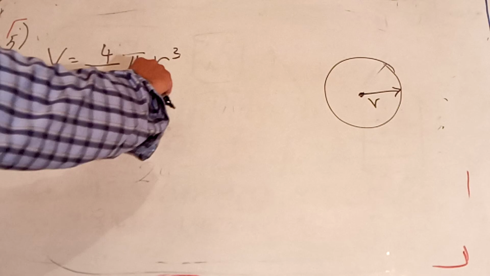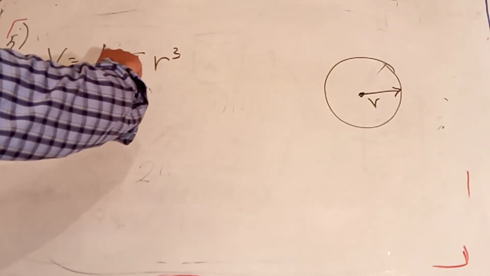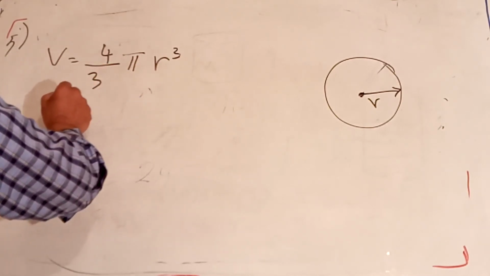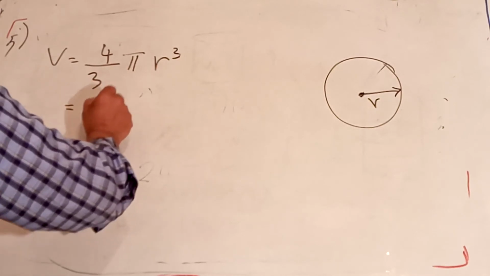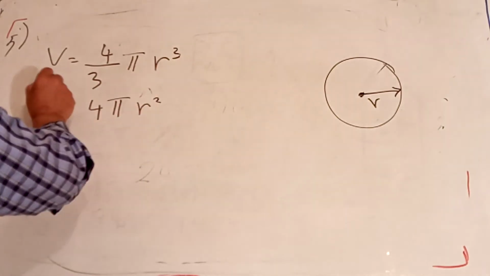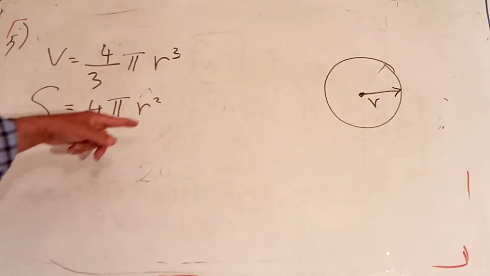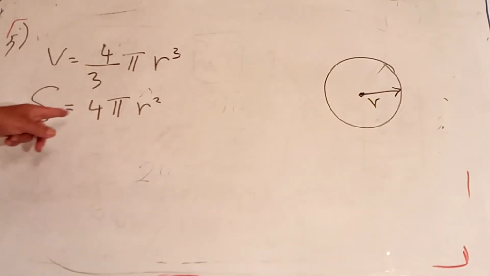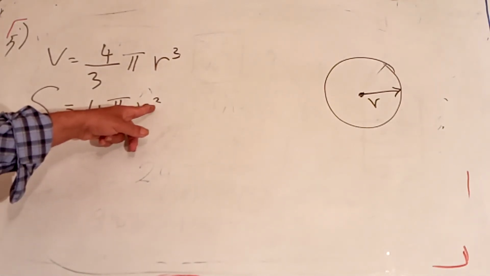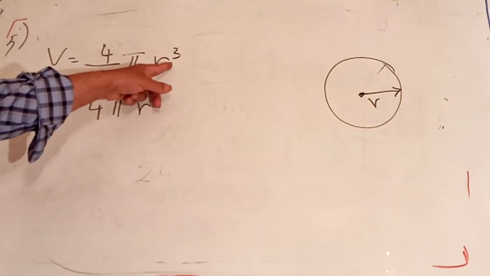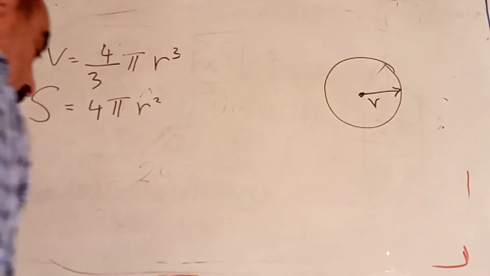Let's differentiate this with respect to r. 3 multiplied by 4 is 12, 12 divided by 3 is 4. So if we differentiate it, we get 4 pi r squared. This is the surface area of the sphere. Its volume is 4/3 pi r cubed, but its surface area is 4 pi r squared, because it's area. This is cube, this is volume. These are the rules that we'll work with.